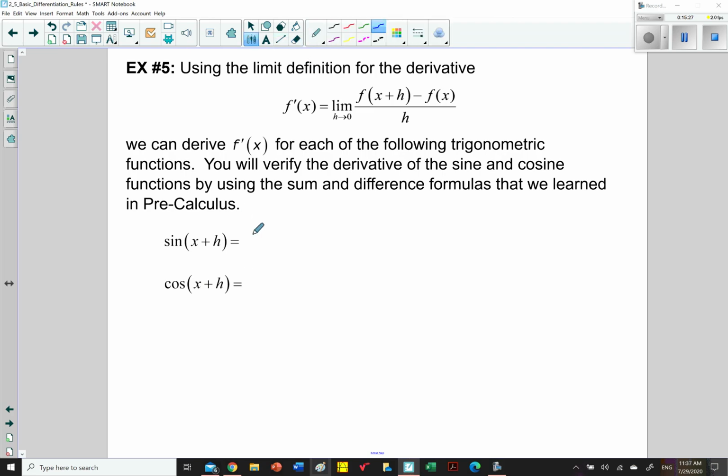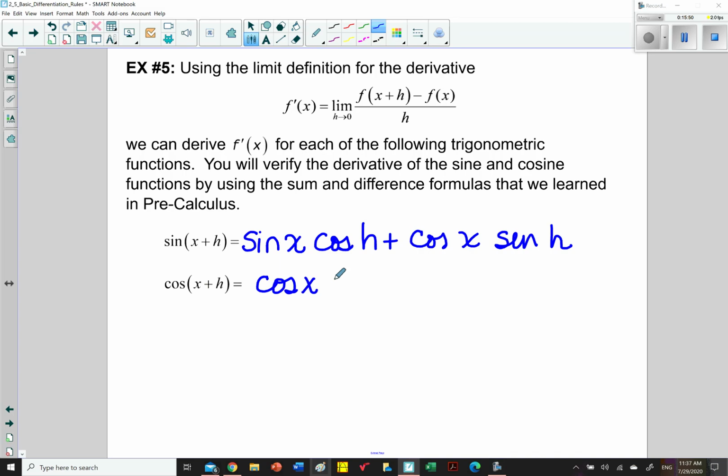So I could write that rule, sine of x cosine of h plus cosine of x sine of h. And then the cosine function went cosine, cosine, sine, sine. Cosine of x, cosine h.